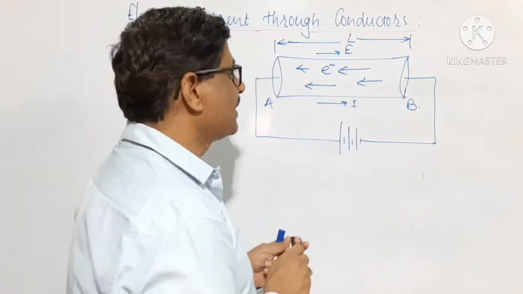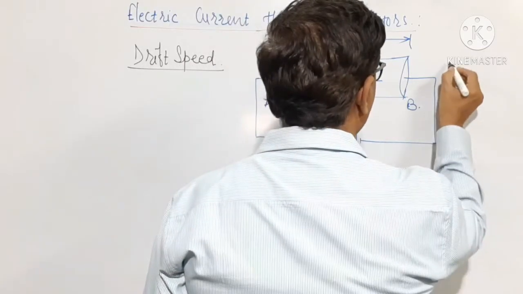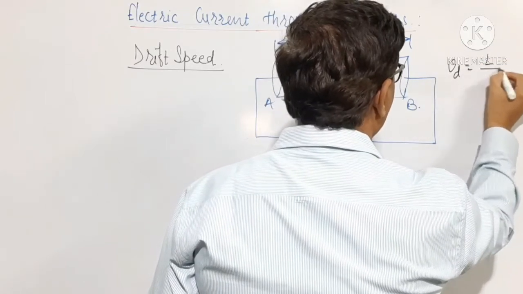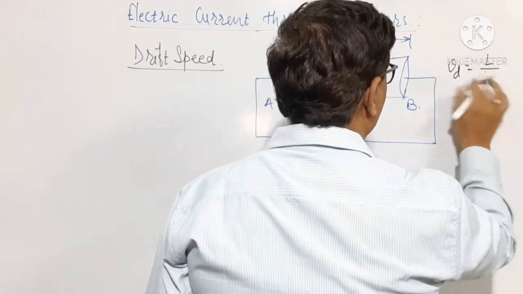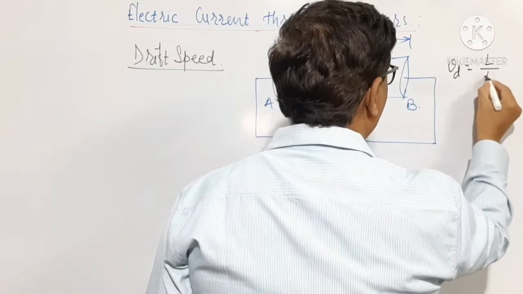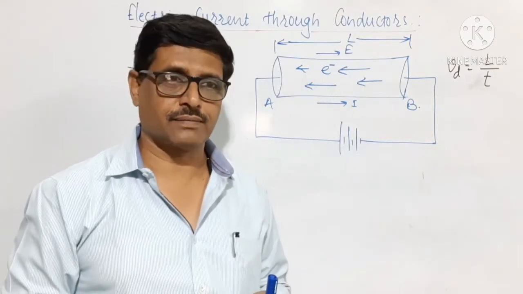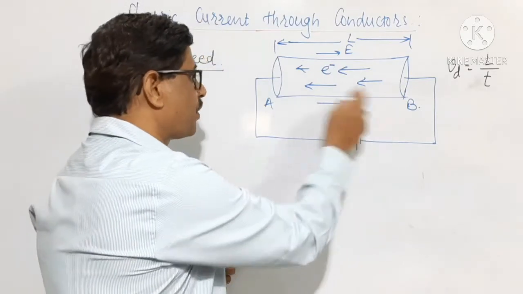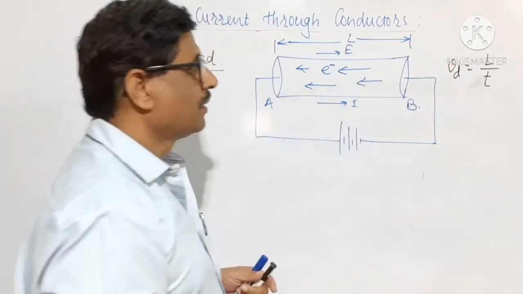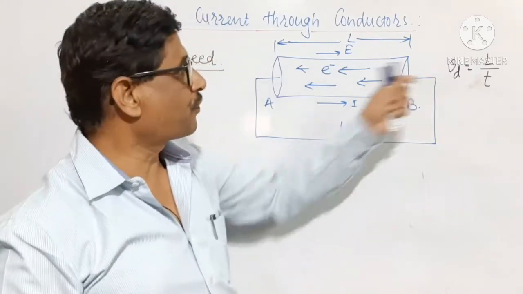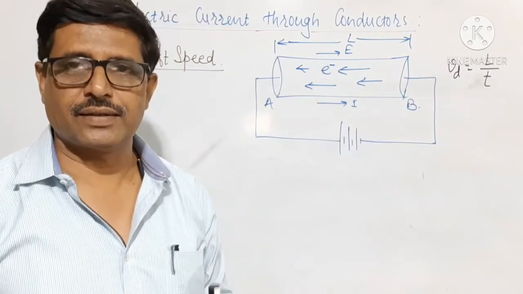Then obviously the drift speed of this electron is equal to L divided by t, because speed is the distance covered divided by the time taken. The distance covered from B to A is L, and the time taken to move from B to A is t. Then drift speed is equal to L divided by t.